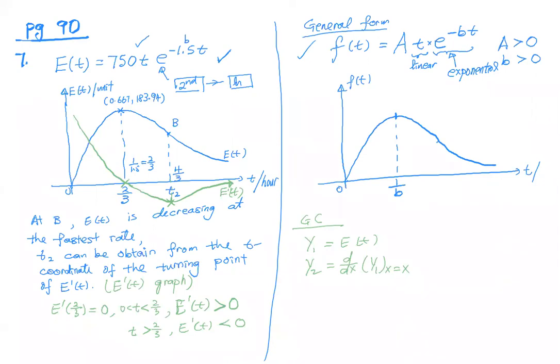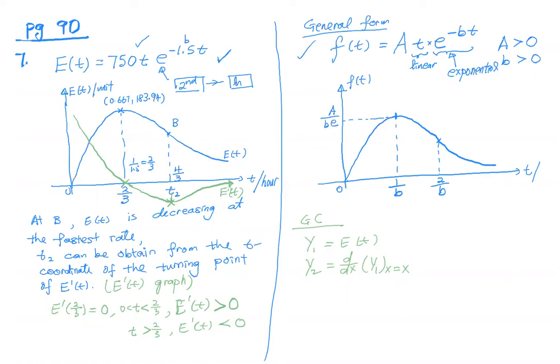And the inflection point happens when the time is equal to 2/b. And the value of the y here, if you put your x equal to 1/b, it will be A over b e.